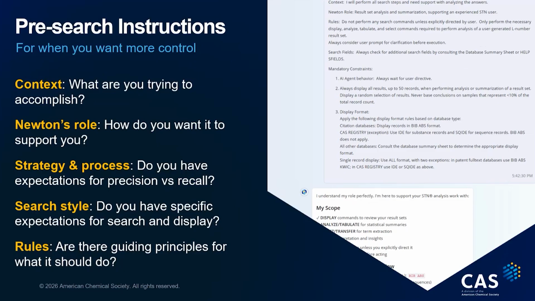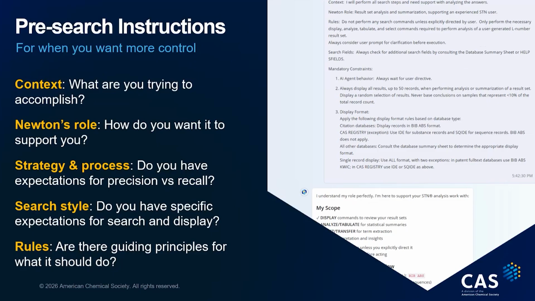So consider context. What are you trying to accomplish? Consider Newton's role. How do you want it to support you? Should it be a partner, a collaborator, an advisor, or again, are you actually expecting to delegate the job to Newton? Do you have specific expectations for the strategy or the process?